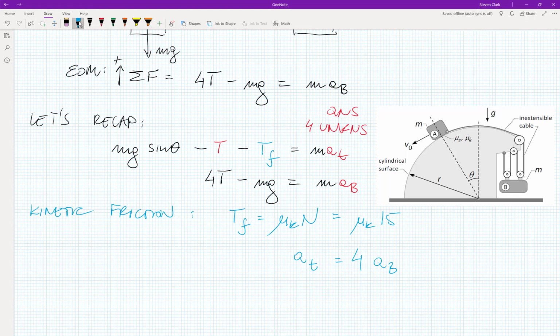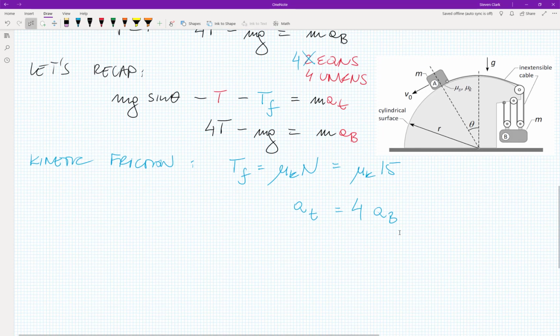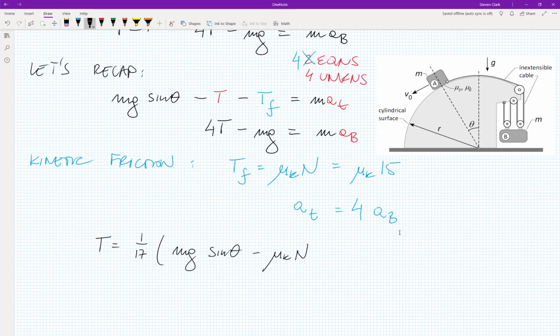So this is not 2 anymore, but 4. So this is solvable. If you want to solve it, you can obtain that the tension in the cable is equal to 1 divided by 17 times (mg sine theta minus mu_k N) plus 4 mg.